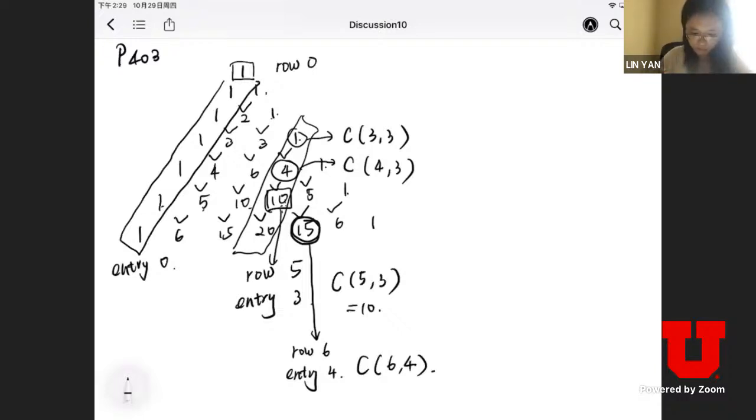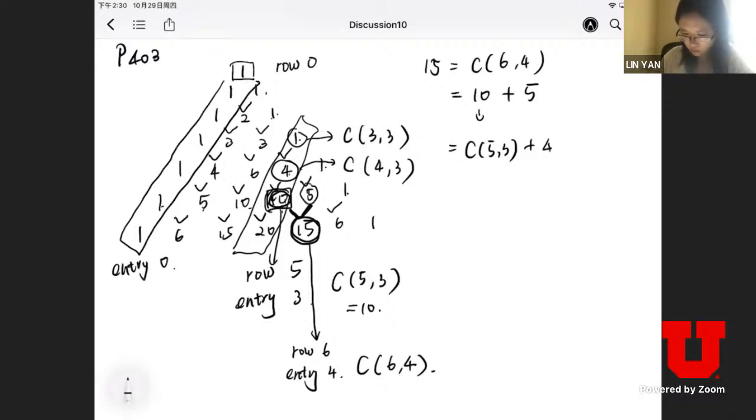Because of the construction of this triangle, we know 6 choose 4 is equal to 10 plus 5. 10 is 5 choose 3, and 5 is equal to 4 plus 1. 4 is 4 choose 3, and 1 is 3 choose 3.